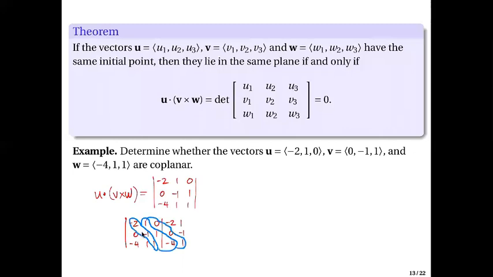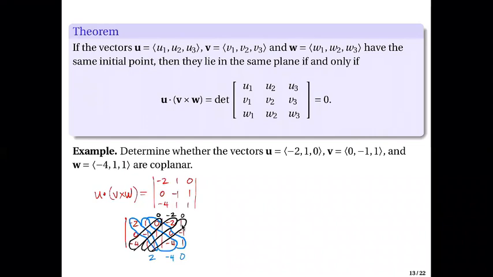For this diagonal, we multiply: negative 2, negative 1, 1. So that's positive 2. Then 1, 1, negative 4. That's negative 4. And of course, this one is 0. Then for the other diagonals, this one is just 0. This one, 1 times 1 times negative 2, that's negative 2. Then here, 1 times 0 times 1, that's just 0.